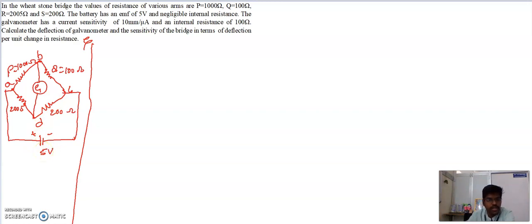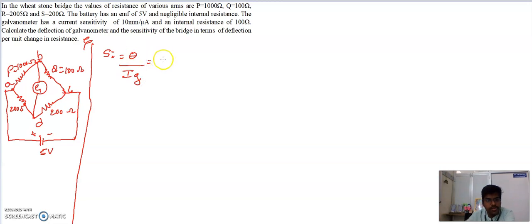The resistance of the battery is 0, and they have given the information about the galvanometer. The galvanometer has a current sensitivity of 10 millimeter per microampere. In the previous class we defined current sensitivity as SI equals theta divided by galvanometer current.